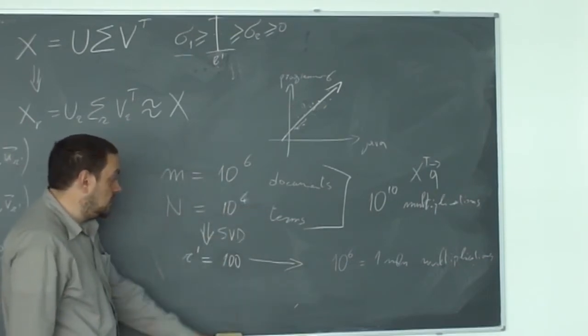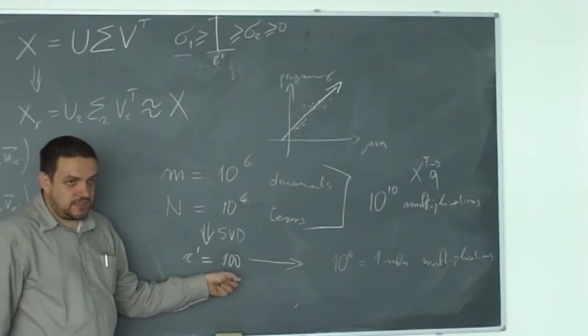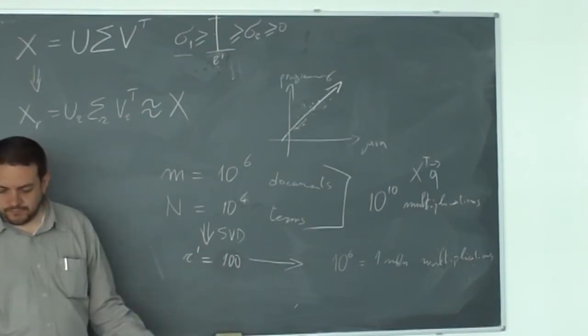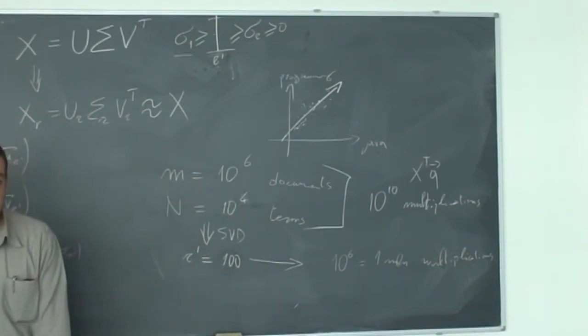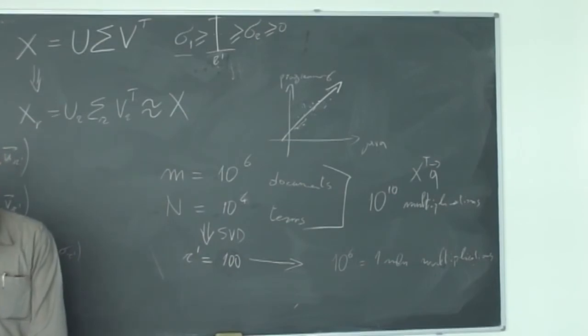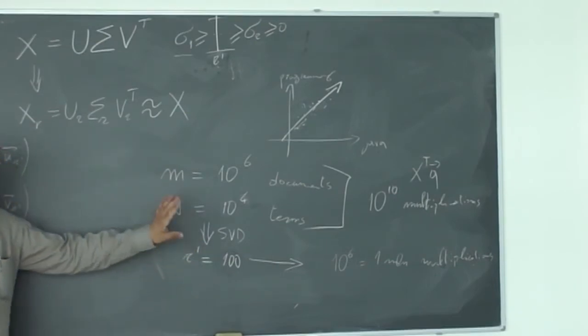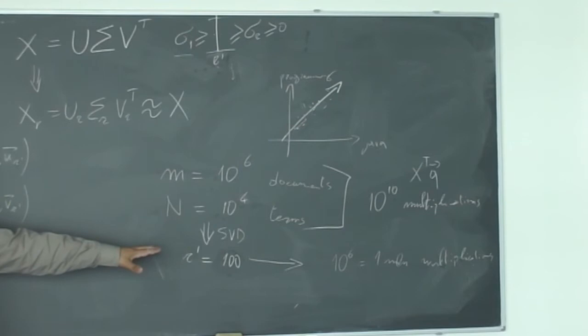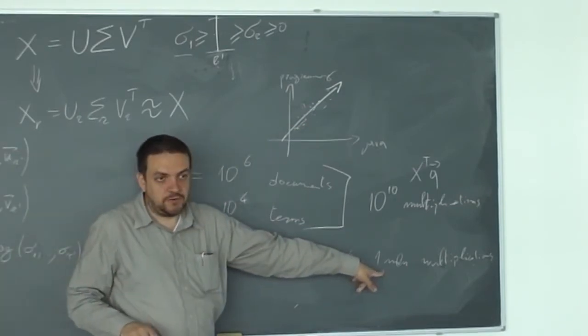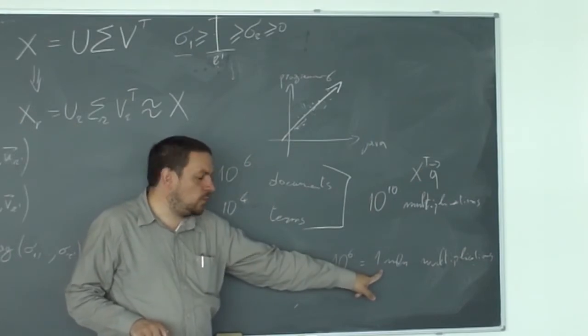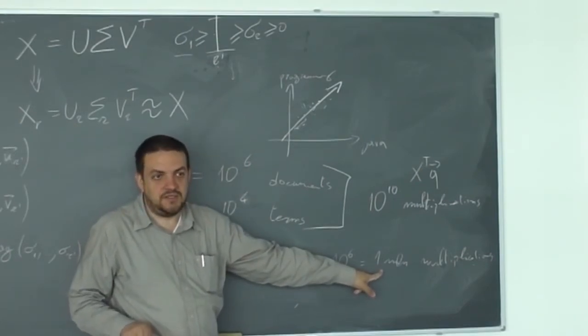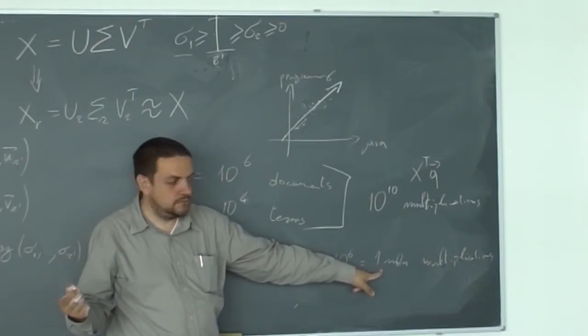On the other hand, after we apply SVD, we lose the matrix sparseness. The matrix becomes dense, and with a dense matrix, all multiplications must be performed. So these 1 million operations is the actual value.